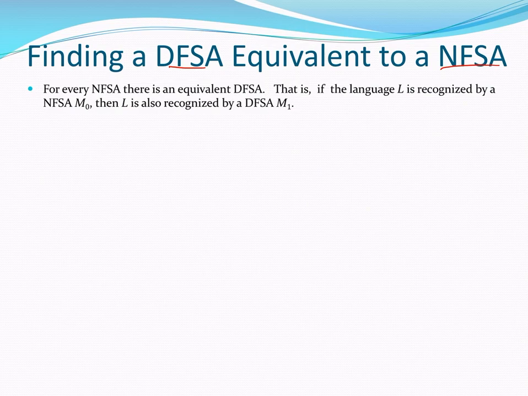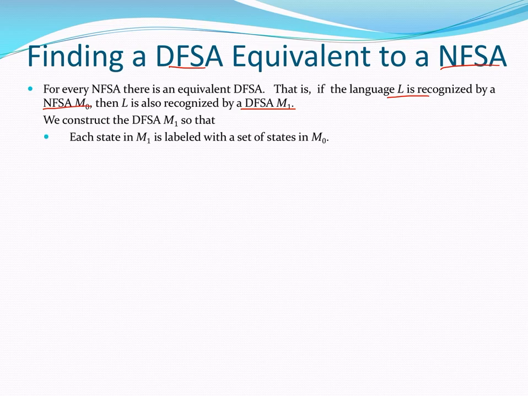So that if L is recognized by NFSA M0, we can create DFSA M1 that also recognizes that same language. We're going to show this by construction, and we do that step by step, remembering that in an NFSA, our transition function maps to sets of states.